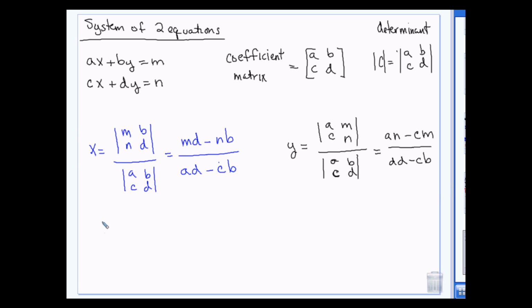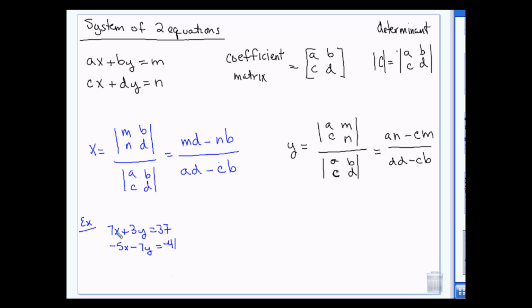So if I give you a system of equations, let's do 7x plus 3y equals 37, and negative 5x minus 7y equals negative 41.